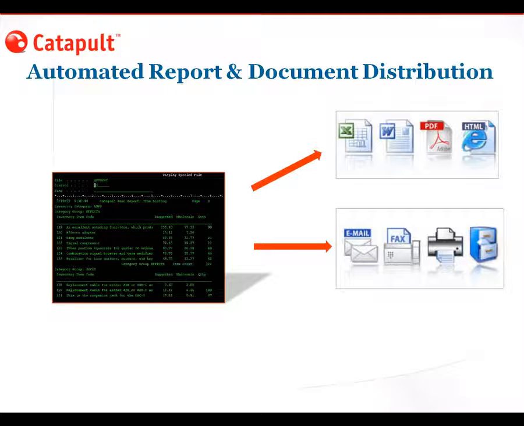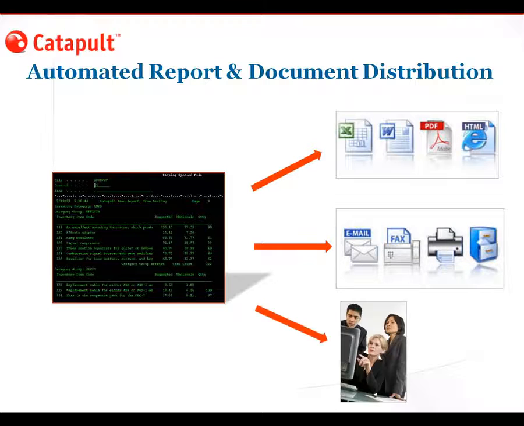You can then have the choice of how you want to distribute it: email, fax, print, archiving to your network. And you also have the choice of who receives these reports. You can send it to an individual person, you can send it to a group of people, or if you're doing the split, or what is sometimes referred to as parsing, you could have one page go to one person, another page go to another person. So you have very flexible distribution options.